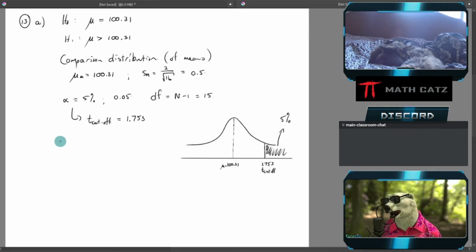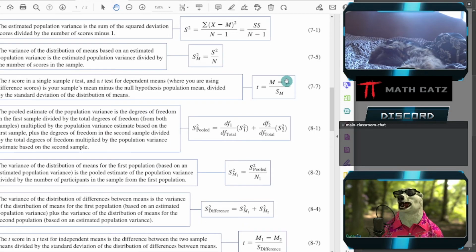So that's our cutoff. Now our observed T score, we'll call it T observed. Let's go to the formula sheet here from the book just to see where we're at. We didn't have to do formula 7.1 because it was calculated for me. We did use formula 7.5 to make the adjustment to the distribution of means and estimate the standard deviation of that distribution based on the standard deviation of the sample.